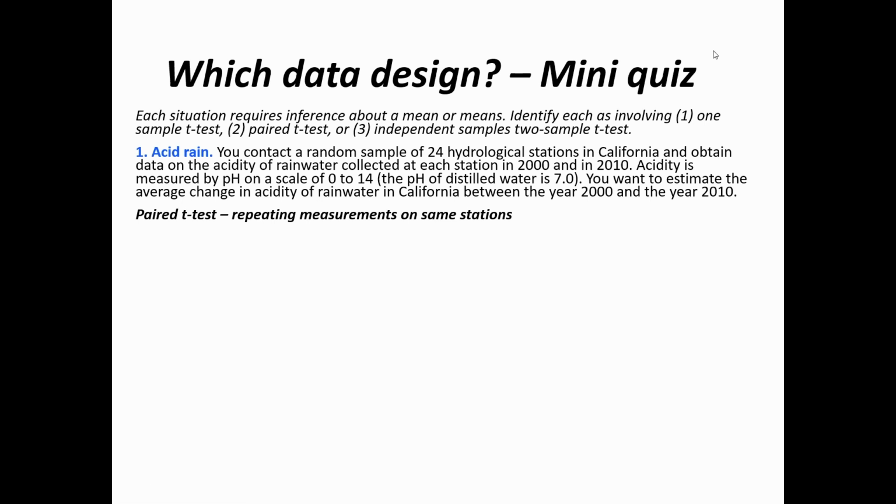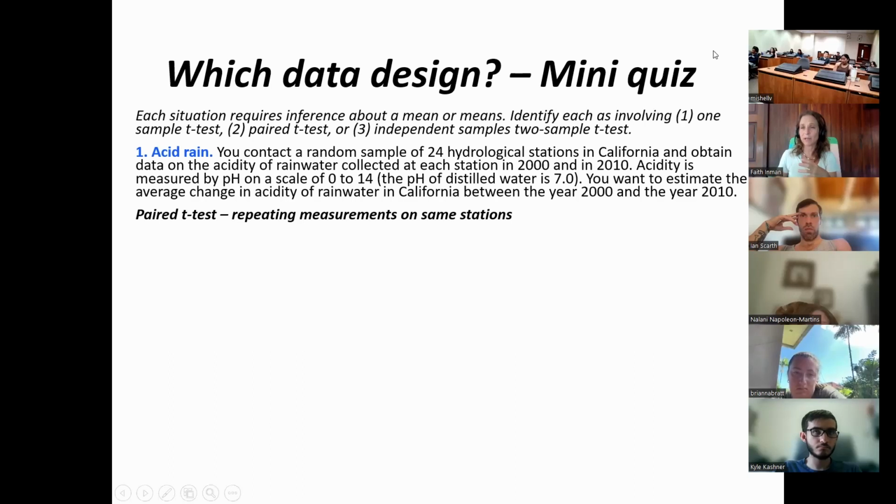when you're thinking about if it's paired or not paired, or if they're independent or not independent, think about the variability. The variability within one station, one of those 24 stations, is probably less than the variability among all the different stations, right?